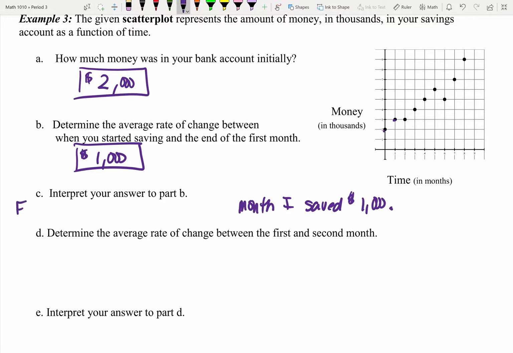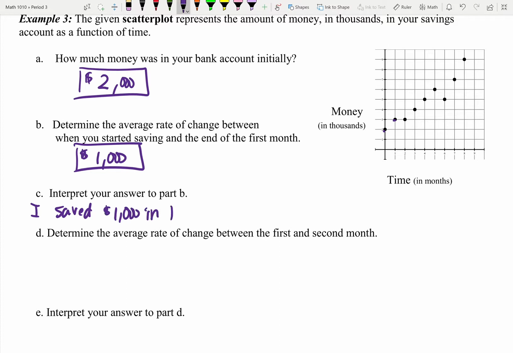So I'm going to say, I'm just going to scrap the whole thing. Thank you so much. I saved $1,000 in the first month. How's that? I wrote it up from the first to the second. It was supposed to be from 0 to 1.